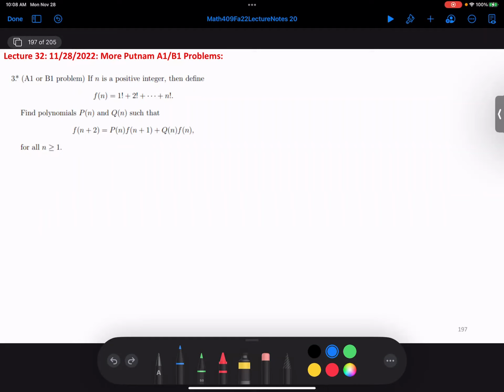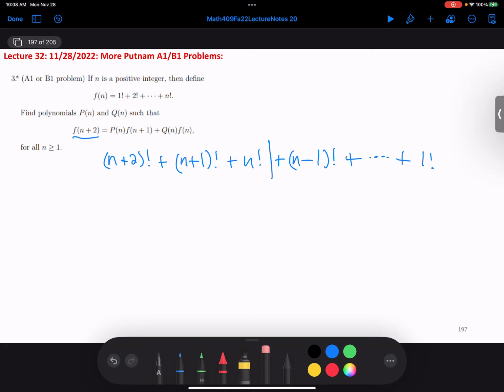So first thing, we're going to write out this f of n plus 2 term, like so. What we're going to do for the next step, we're going to split it up right here.